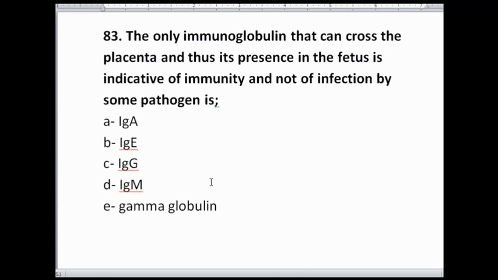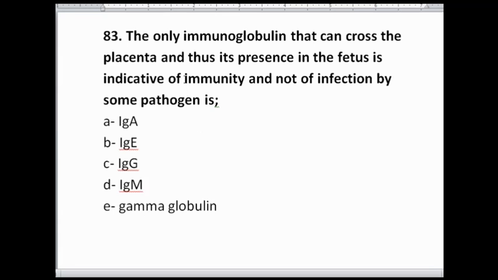Now moving on to the third MCQ. The only immunoglobulin that can cross the placenta, and thus its presence in the fetus is indicative of immunity and not of infection by some pathogen, is. Options are immunoglobulin A, immunoglobulin E, immunoglobulin G, immunoglobulin M, or gamma globulin.